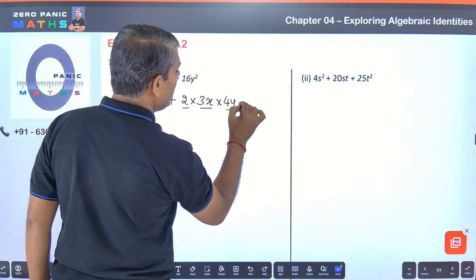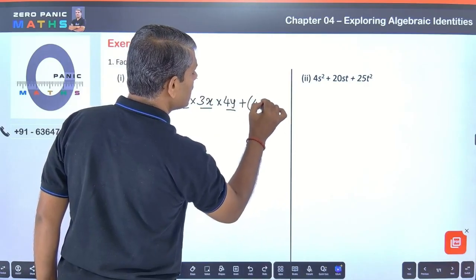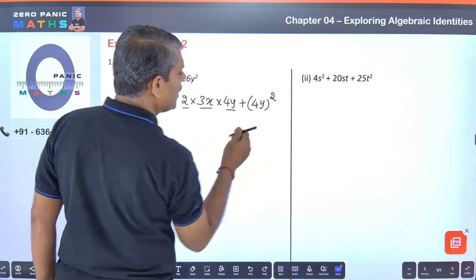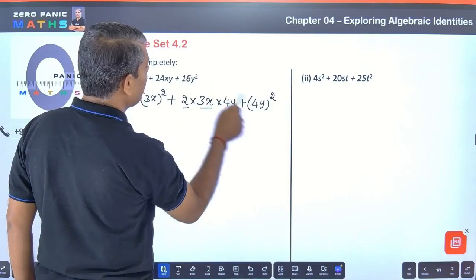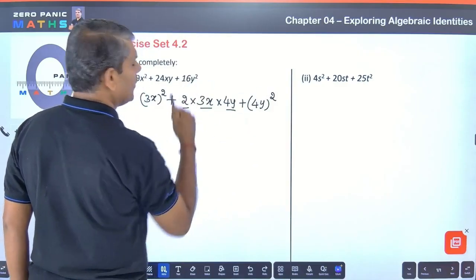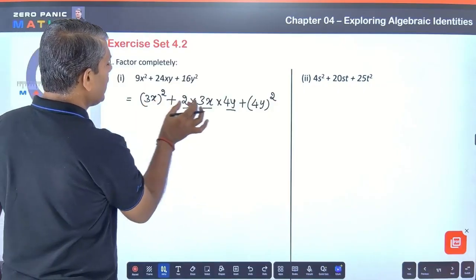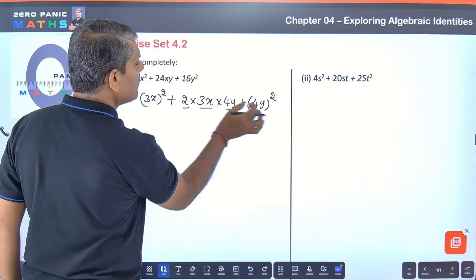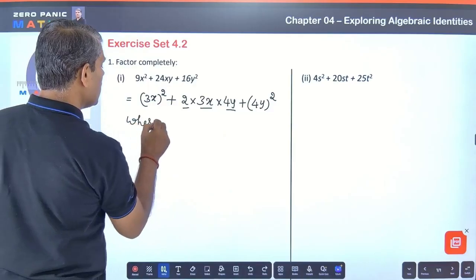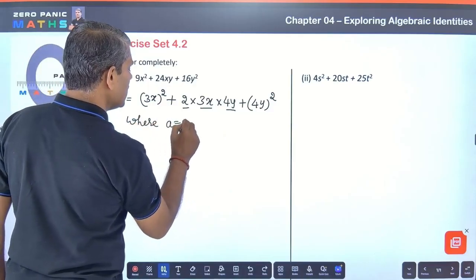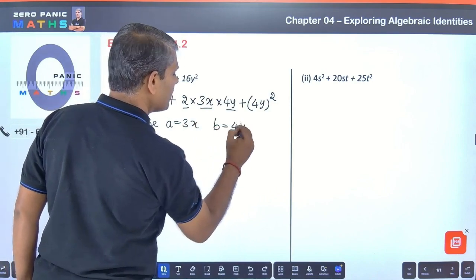So this is b, so I can write this as b square, which is 4y whole square. Now you can verify that 4y whole square is actually 4 square, that is 16, and y square. You understood this, right? So it is now in the form of a square plus 2ab plus b square, where a is equal to 3x and b is equal to 4y.